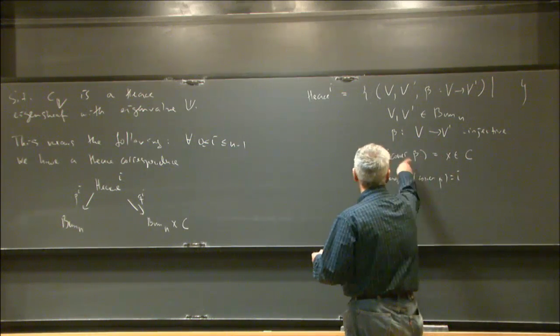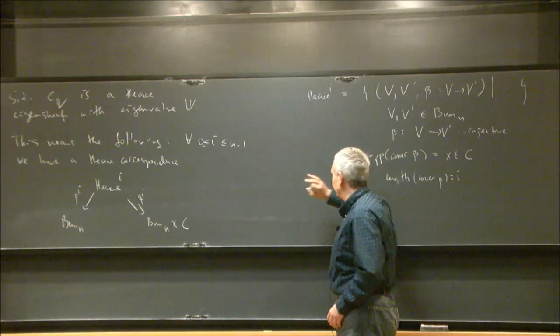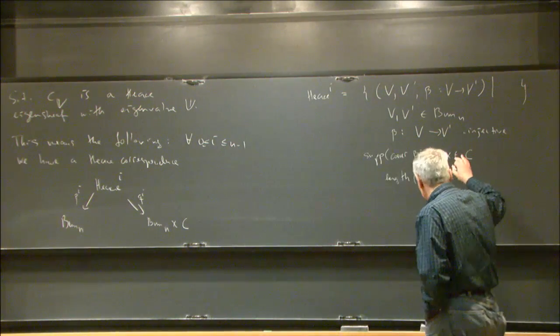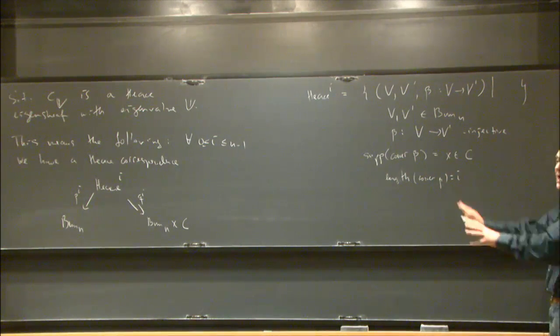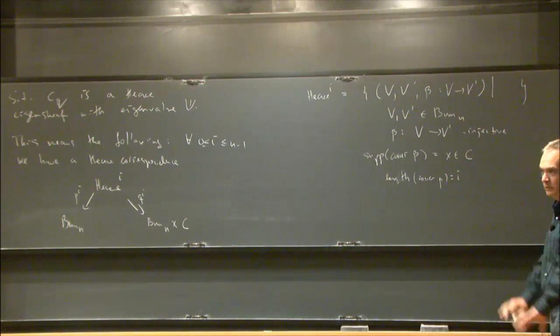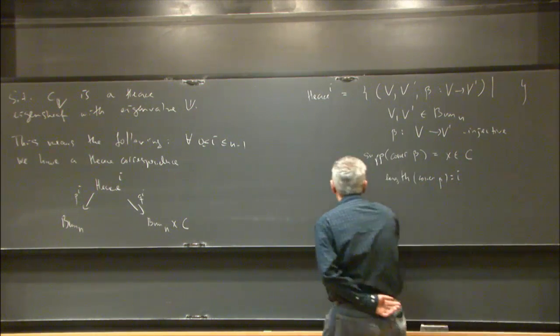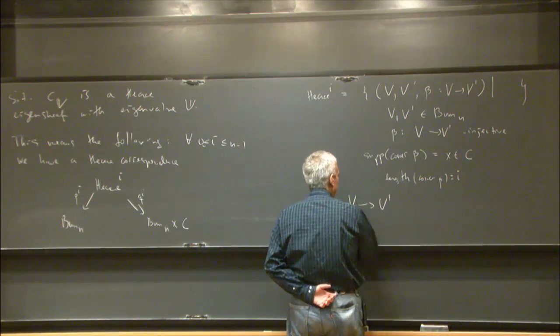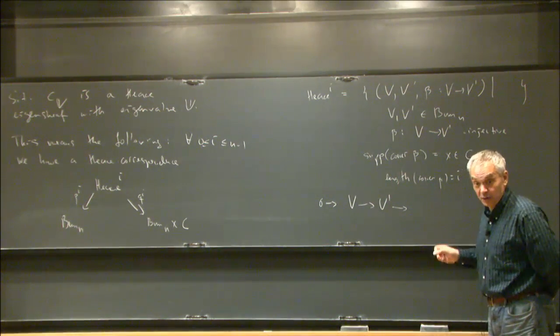Yes, I mean scheme theoretic support, but in my case, it's always going to be the same as the set theoretic support. So the co-kernel is a direct sum of i pieces? The co-kernel is, V goes to V prime, and this is just a skyscraper sheaf supported at the point.